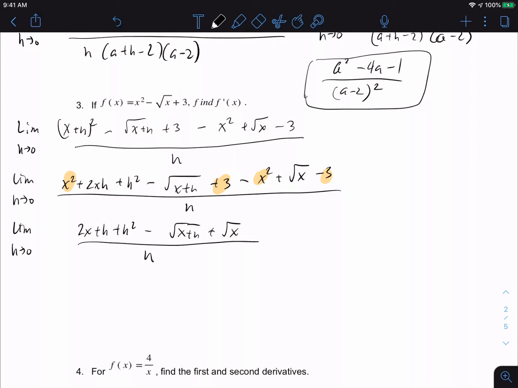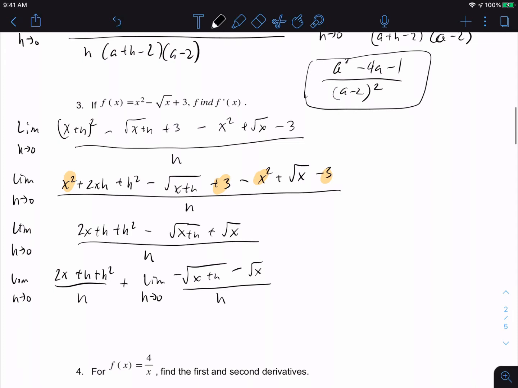It eats them for lunch. I'm going to break it up into two pieces. 2xh plus h squared all over h. And then I'm going to take the limit as h goes to 0 of square root of x plus h minus square root of x all over h. In fact, what I'll do is I'll go plus and change these to minuses so that the sign's already in there.